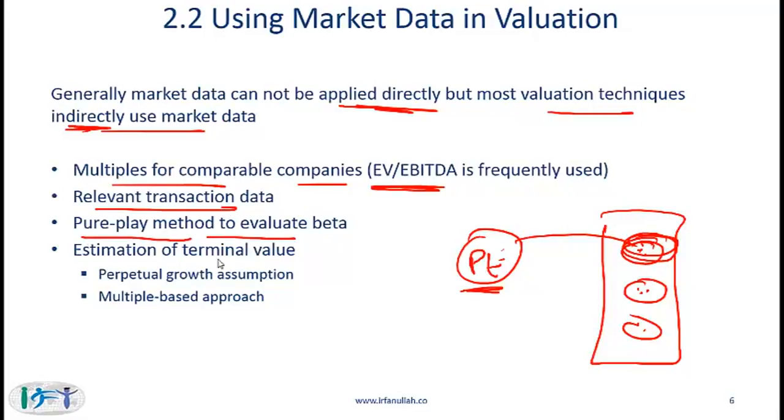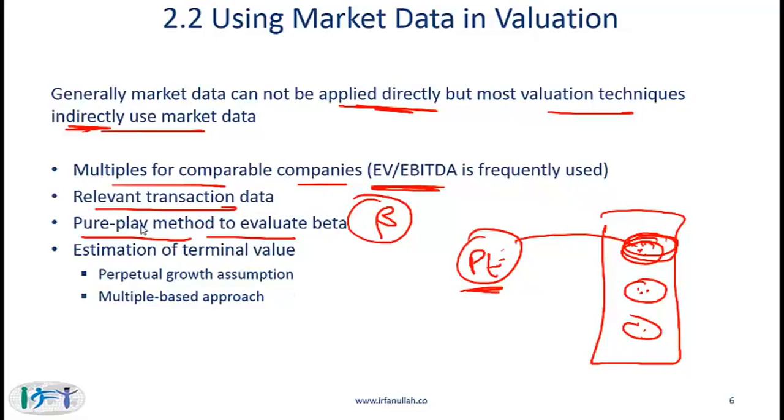Pure play method to evaluate beta. We have looked at this in corporate finance and equity, but to evaluate these companies, at times you need to figure out what the appropriate discount rate is. To come up with a discount rate, if you are using CAPM, you need an estimate of beta. If these companies are not public, then how do you come up with the beta?